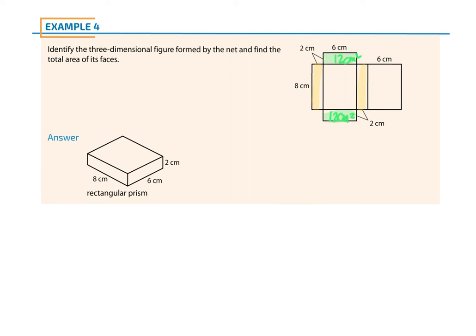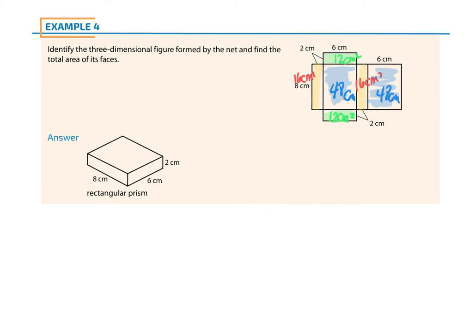So both of those would be 16 square centimeters. And then I have two of what they used as bases here. This is going to be 6 by 8, and that is going to be 6 by 8. So that's going to give me 48 square centimeters for each of those.